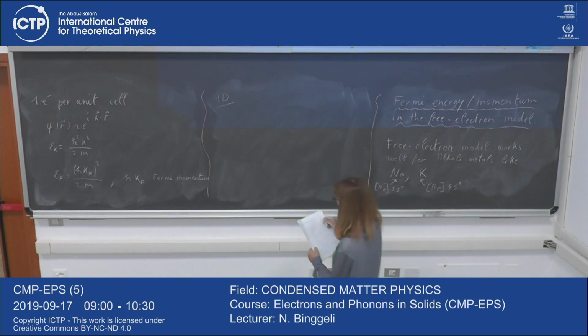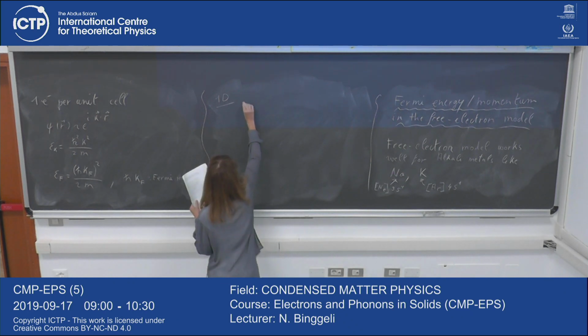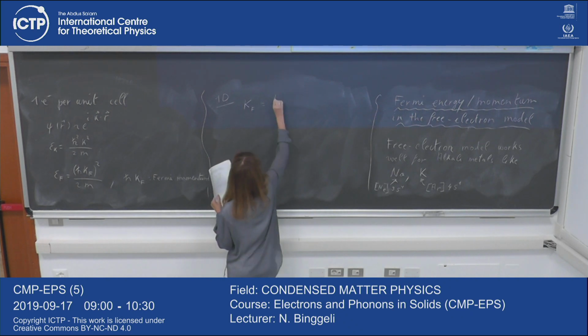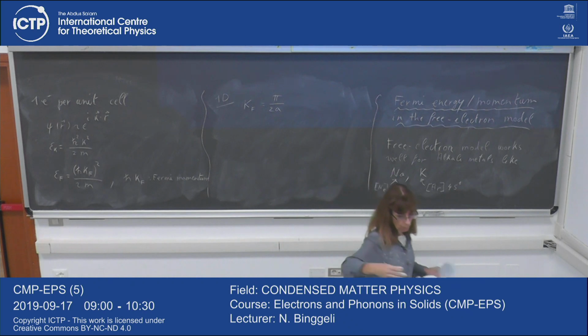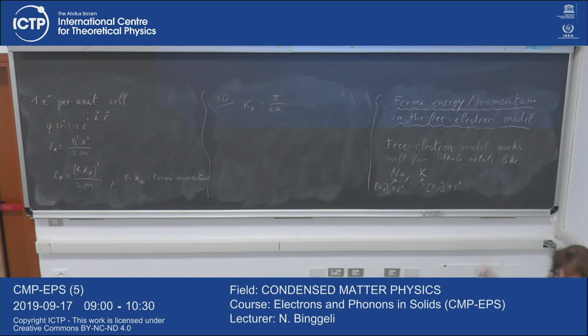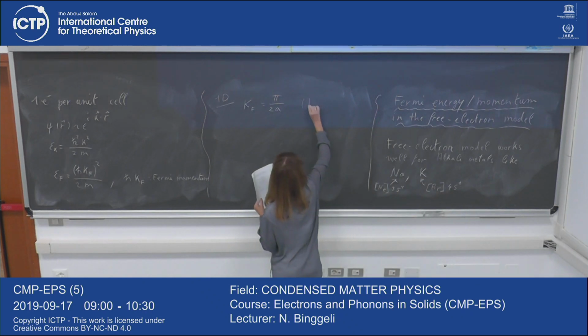So in the case of one electron per unit cell, I will have k F, which will be just pi over 2a, that is half of the distance to the edge of the Brillouin zone. This corresponds to a half filled band.